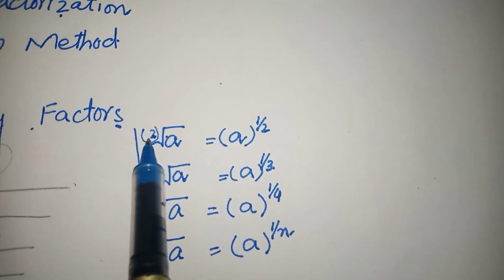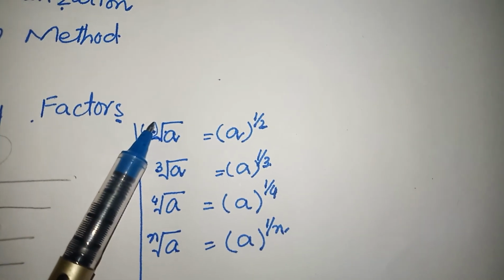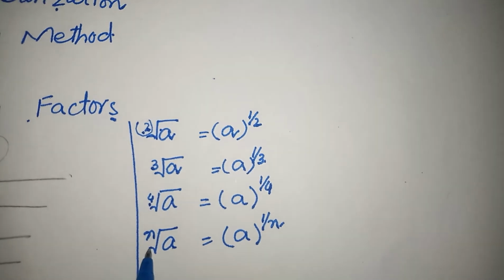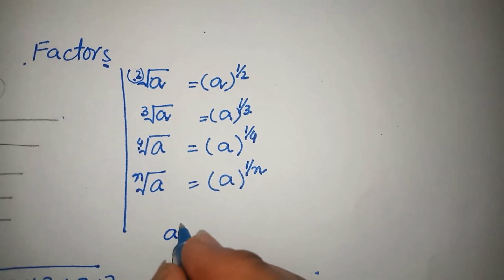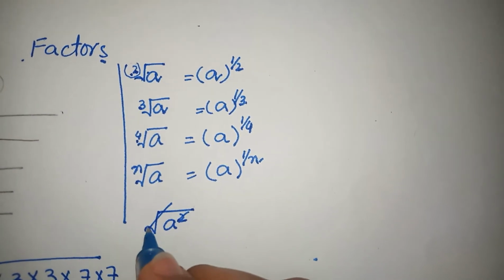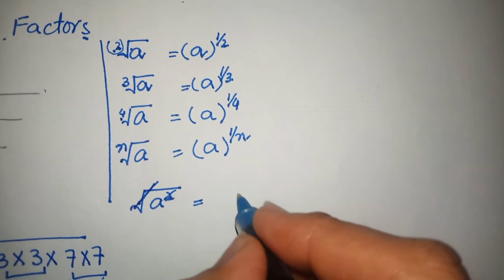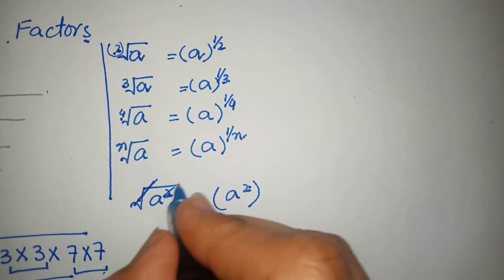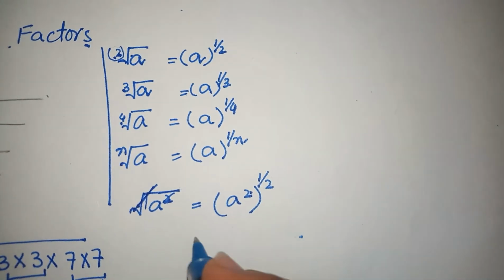If nothing is written, it means it is a square root. This is a cube root, fourth root and nth root. If any value has a square and also a square root, the square will be cancelled by the square root. Why? The meaning of square root is that it has a power of 1 by 2.